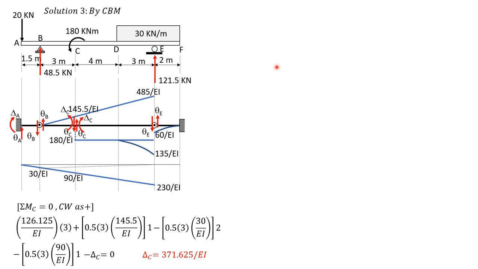Then finally, we consider EF and take note that we already computed theta E, which was negative 143.875 over EI. And considering EF, so we assume theta F to be positive, so it is down, and delta F to be positive counterclockwise.